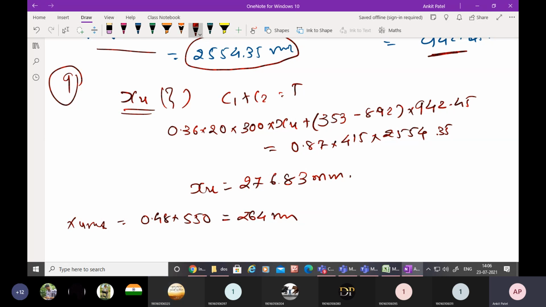Just cross verify the answer, because this is not given in the book.